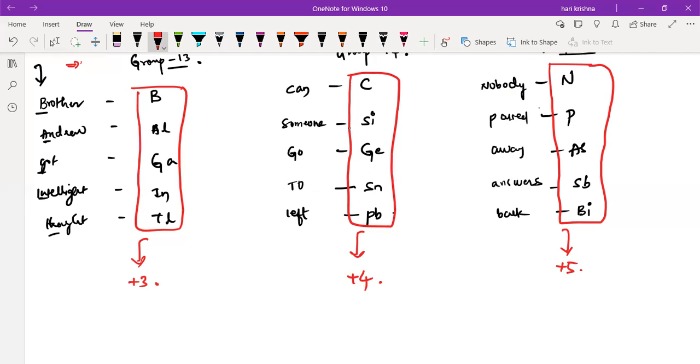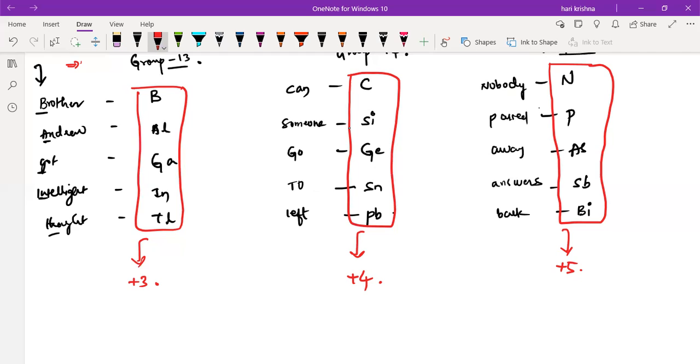The +3 indicates the number of total valency electrons. Valency electrons are nothing but the electrons in the outermost shell of an atom. So if you take group number 13, there are a total of 3 valency electrons.